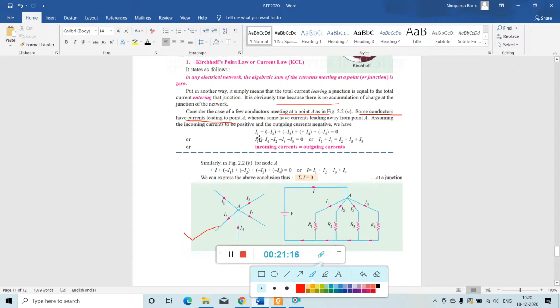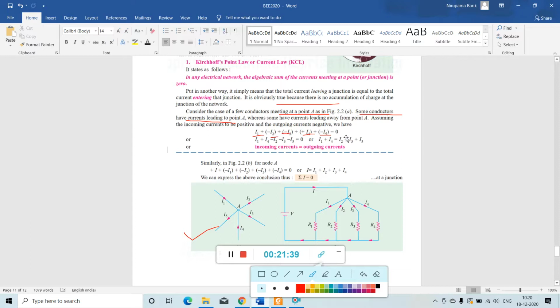Here, if we consider incoming current as positive, then I1 is positive and I4 is positive, and the outgoing currents I2, I3, I5 are negative.